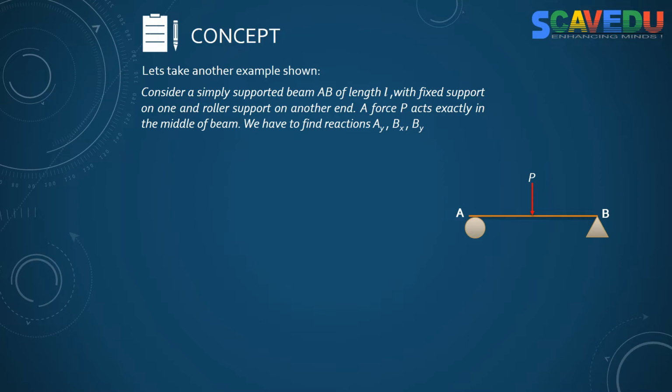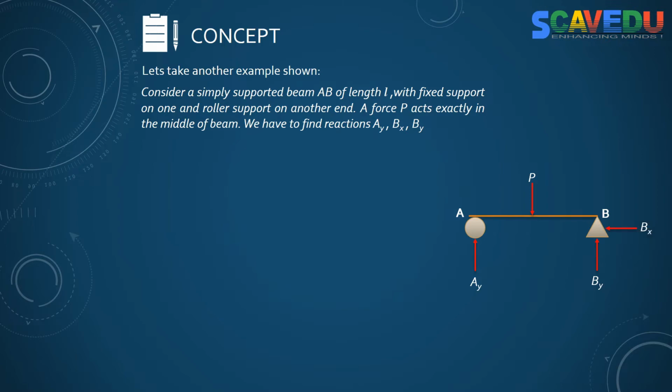Now we know one thing about these two supports. You can see the ball joint support here has one reaction, that is only AY, and you have another support here, that is BY, a fixed support, but the fixed support will have one more reaction, that is BX.